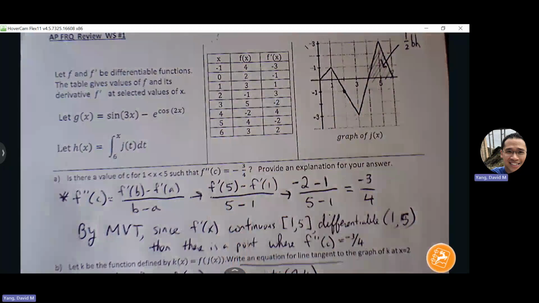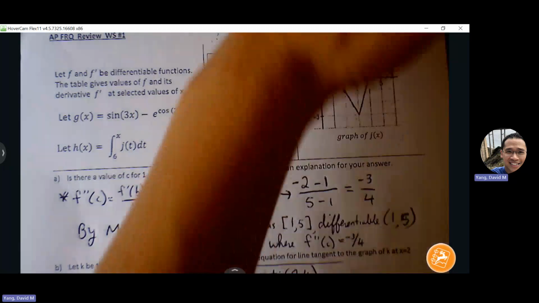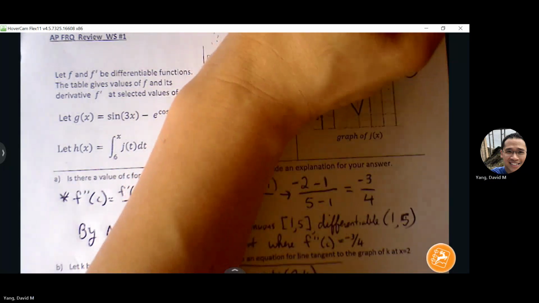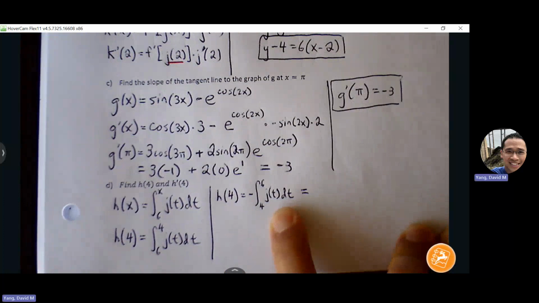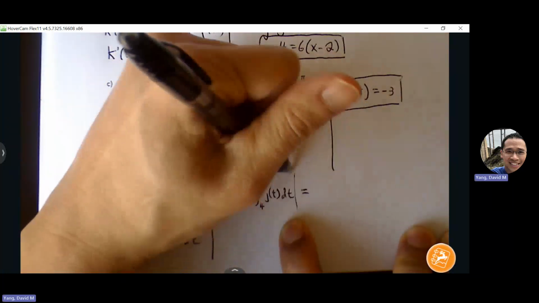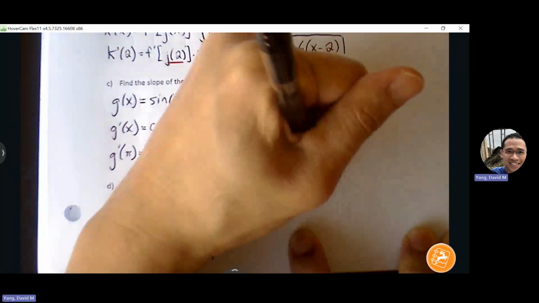It's the shape of a triangle here. Yeah, 1/2 times 2 times 3 would be 3. Right, so h of 4 is just what? Negative 3, yeah. So the integral from 4 to 6 gave us 3, but the negative left over, we've got to keep track of that, so negative 3.